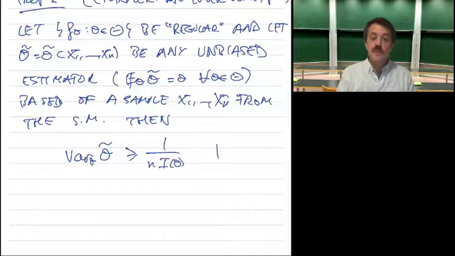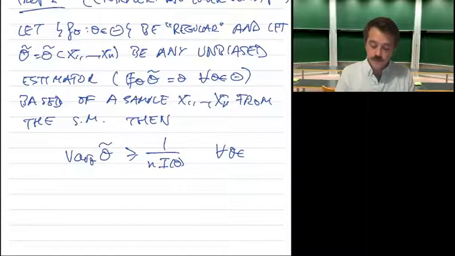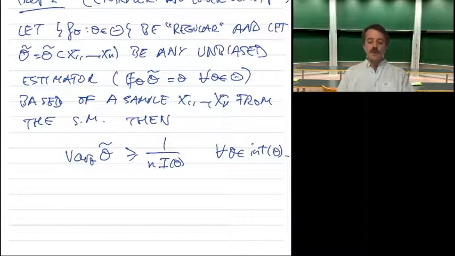Yeah? And this is for all theta in the interior of the parameter space. Yeah? Okay, so of course the quantity in the denominator on the right hand side is the Fisher information for the sample and for this parameter, and on the left hand side we have the variance of the unbiased estimator. That's super important, yeah, that it is unbiased.